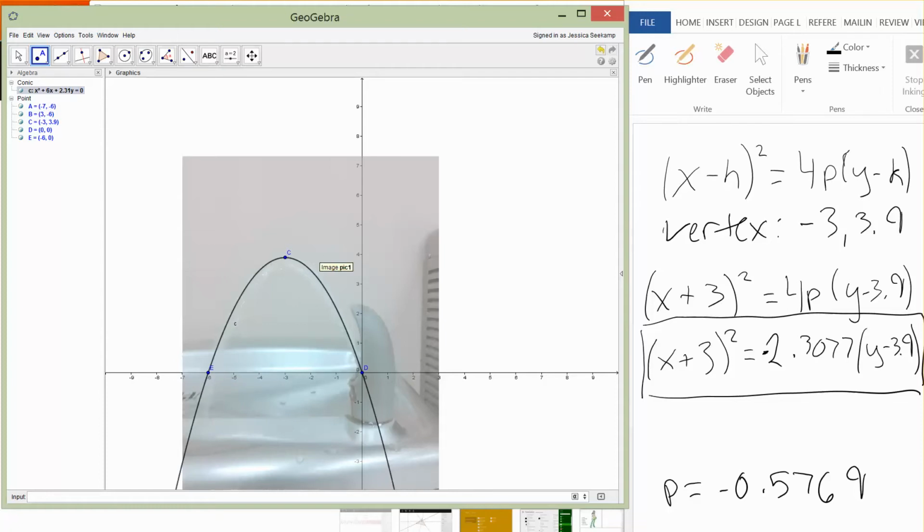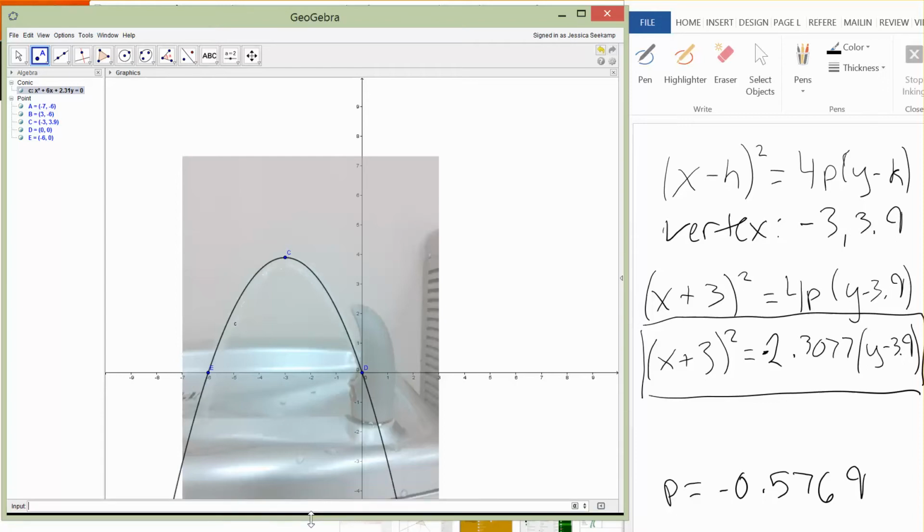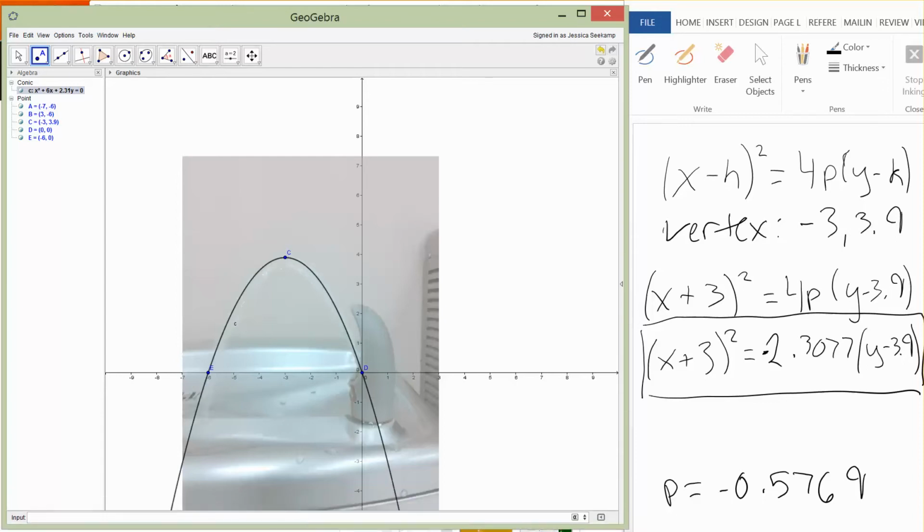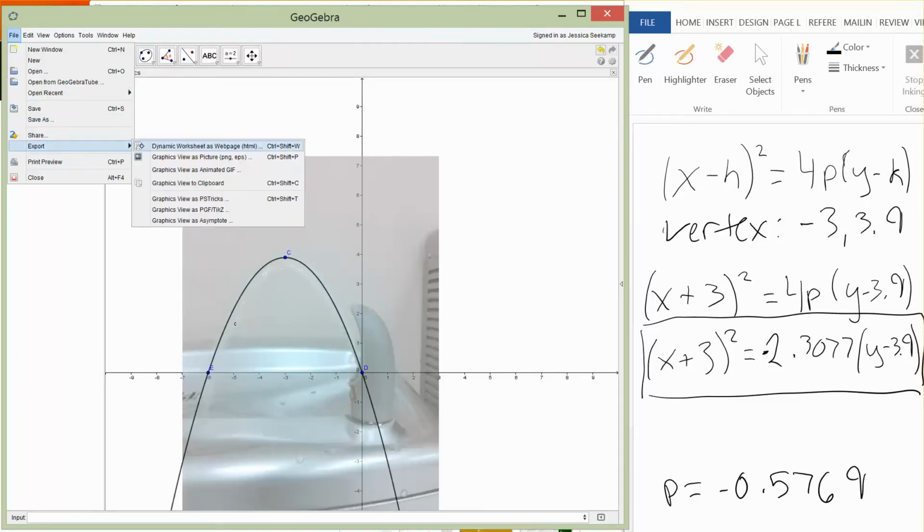Okay, so then this is the screen that you need to take, and you need to print this and include it on your poster. So to print this, what you'll do is come up here, and you can say File, Export right here, and then Graphics View as a picture right here.